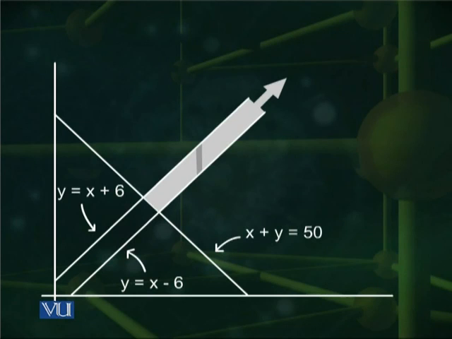But if you take these vertical strips and keep on going towards this diagonal line x plus y equals 60, when the lower part of the vertical strip touches this line x plus y equals 60, to the left of that the length of the strip starts going down, because now the lower part is not bounded by the line y equals x minus 6, but by the line x plus y equals 60.